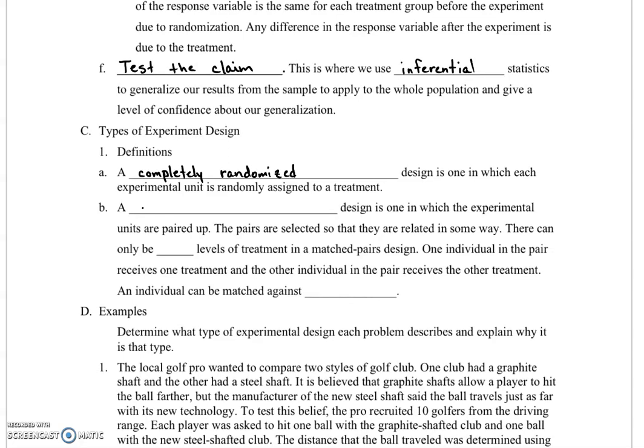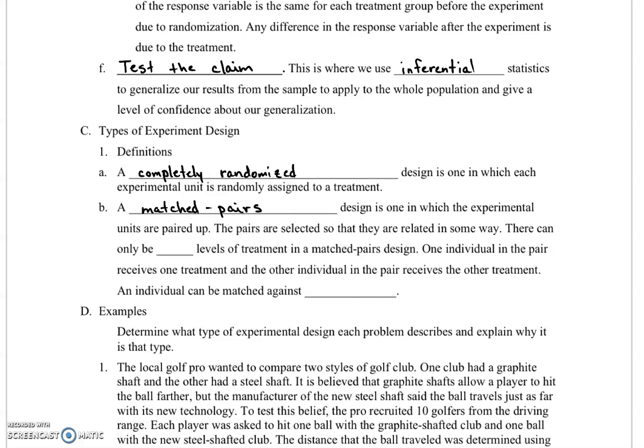Or something equivalent to that. The other is what we call a matched pairs design. And that's one in which the experimental units are paired up. And the pairs are selected so that they're related in some way.